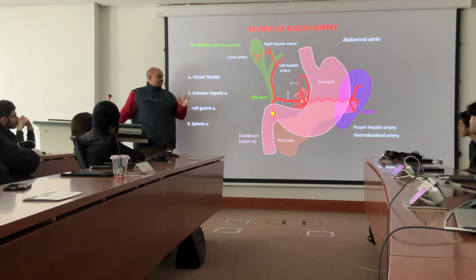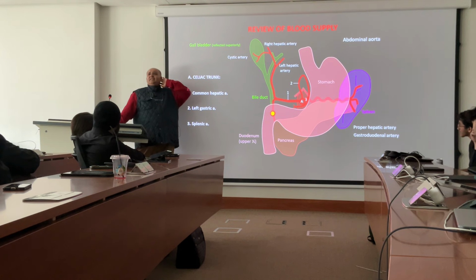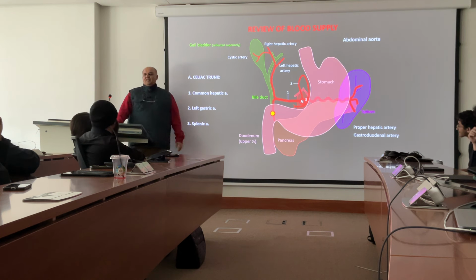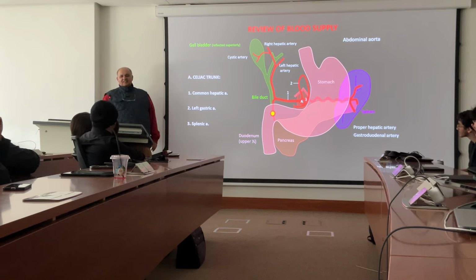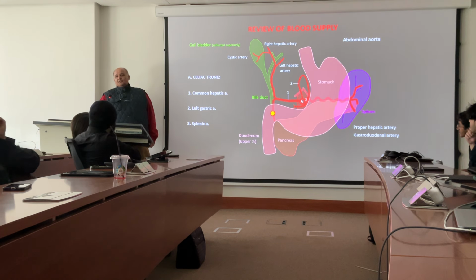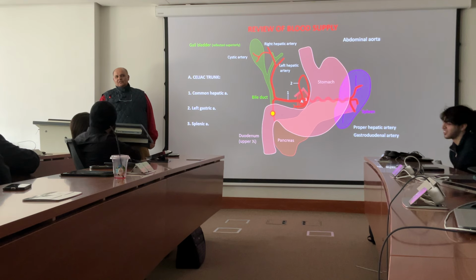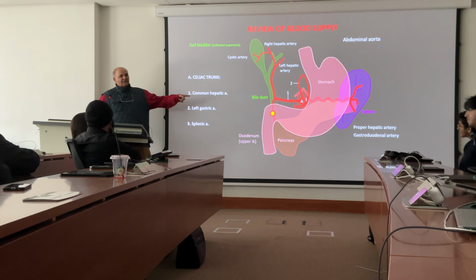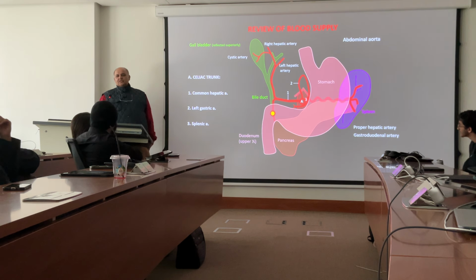Guys, I think I've been looking at this MCQ for the last 30 years. An MCQ made on this yellow dot. The patient has a duodenal ulcer, and this duodenal ulcer has eroded the posterior wall of the duodenum. While it was eroding, it has involved this artery, the gastroduodenal artery.